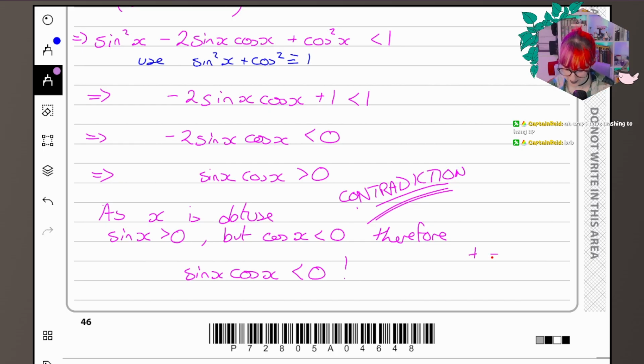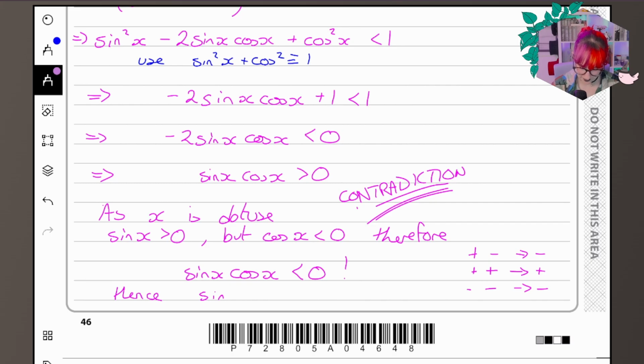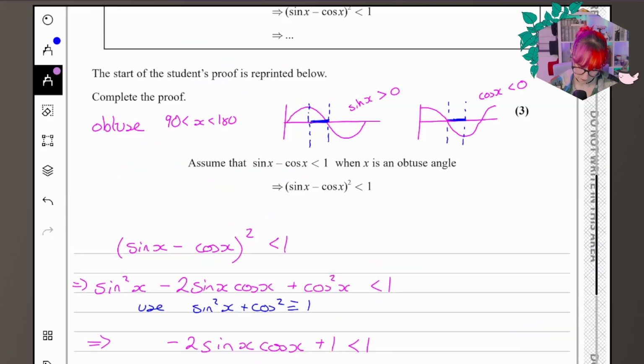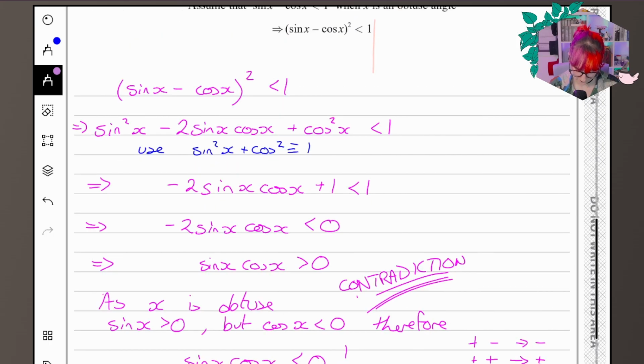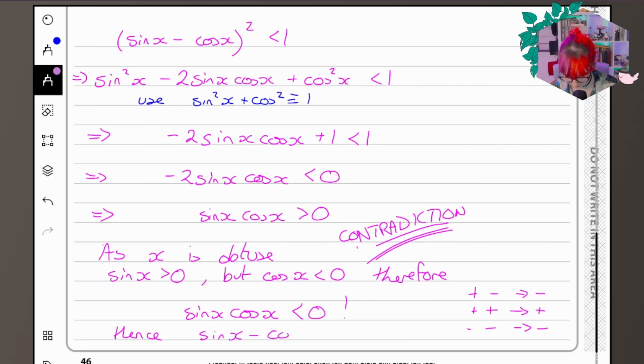Positive and negative goes to negative, positive and positive goes to positive, negative and negative goes to positive. It's a negative number, which means that this is a contradiction. Hence, what was the initial thing? sin x minus cos x must be greater than or equal to 1 for obtuse x.